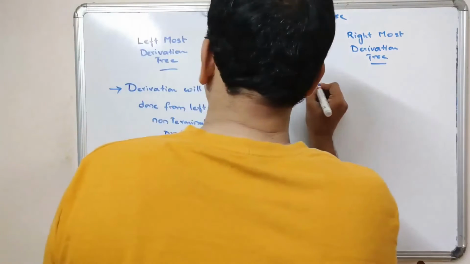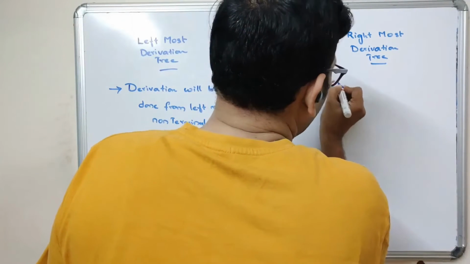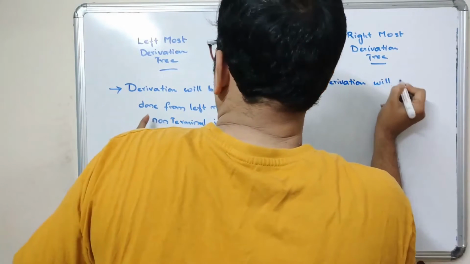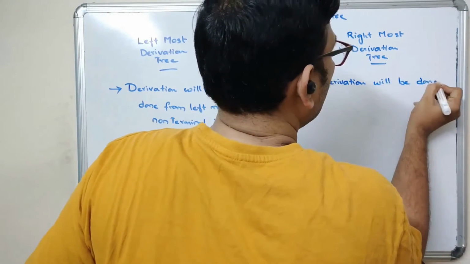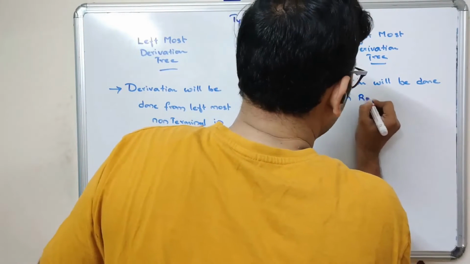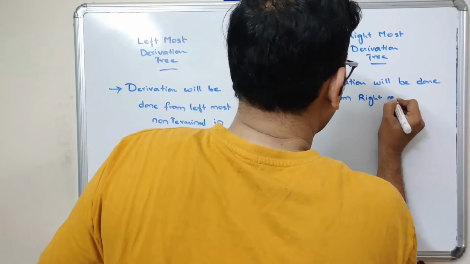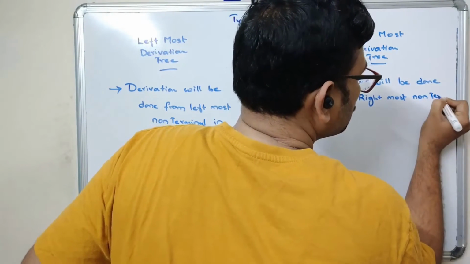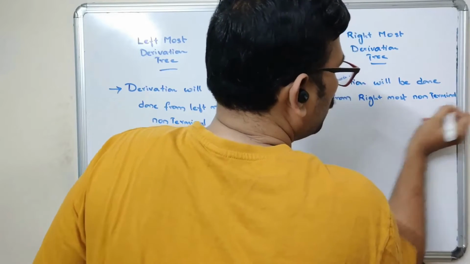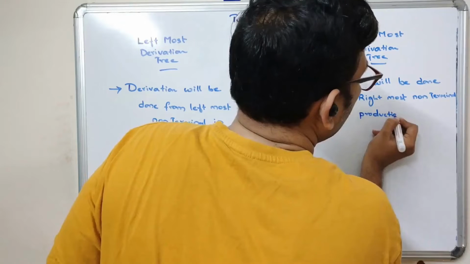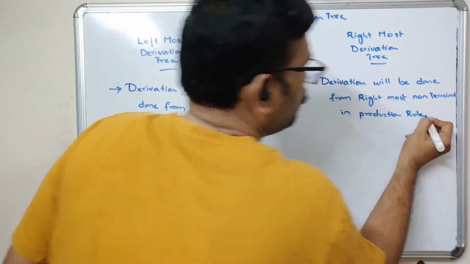And coming to the rightmost, the derivation will be done from the rightmost non-terminal in the production rule.